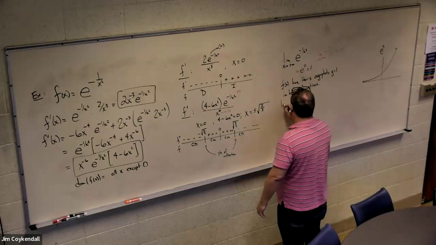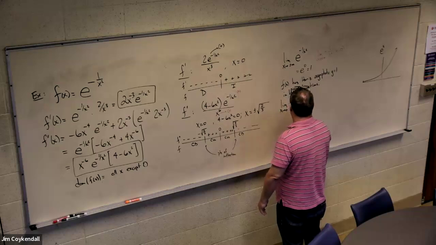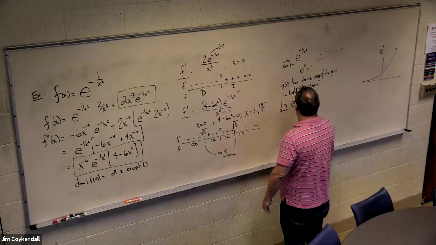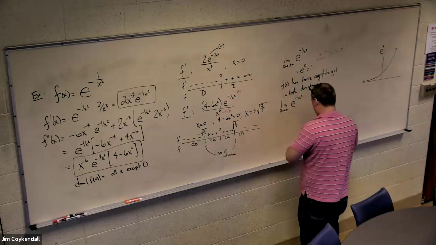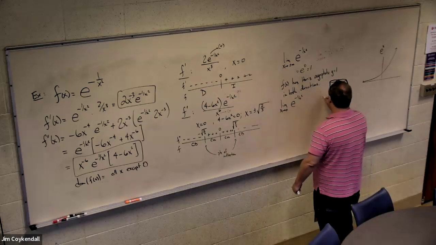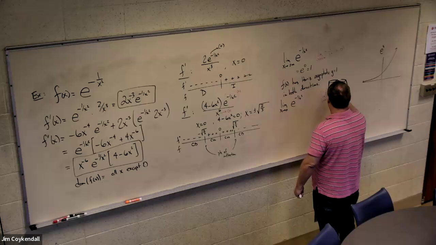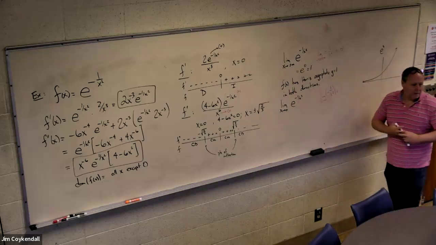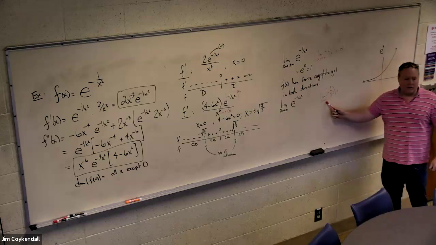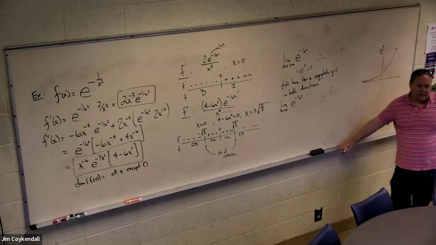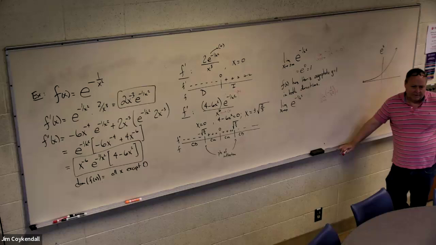What about what happens if you're getting very, very close to 0? What's happening to this thing? The denominator is small.